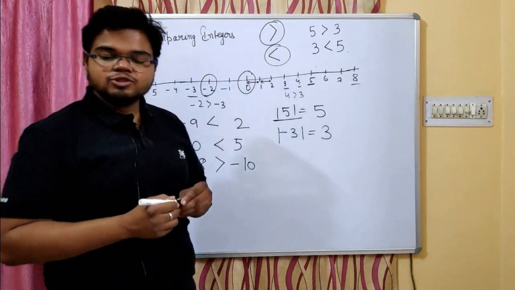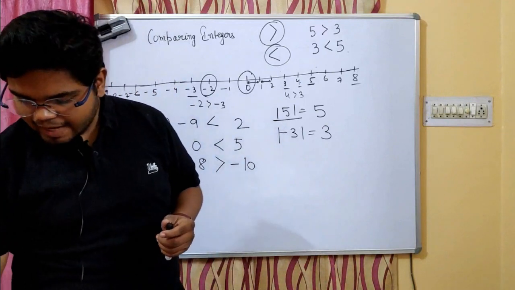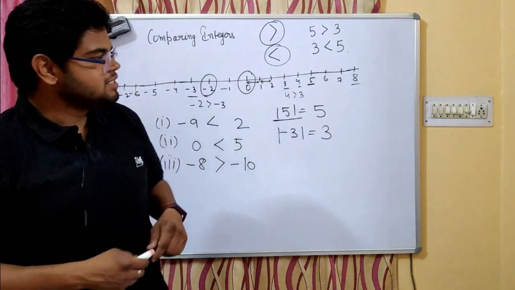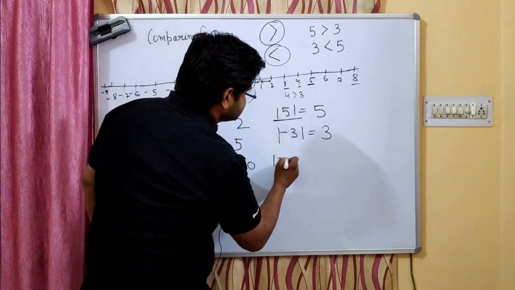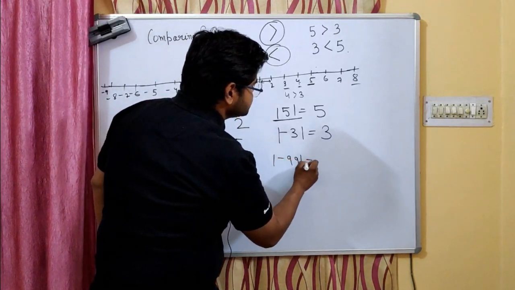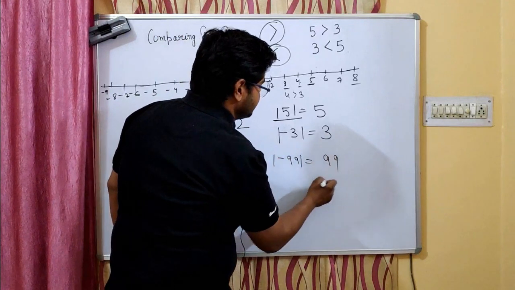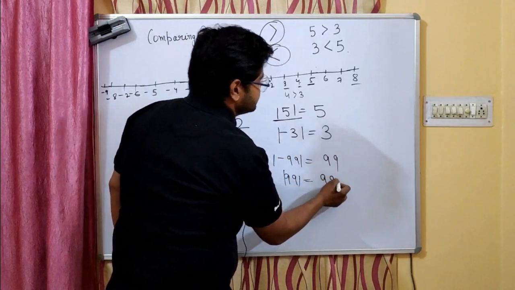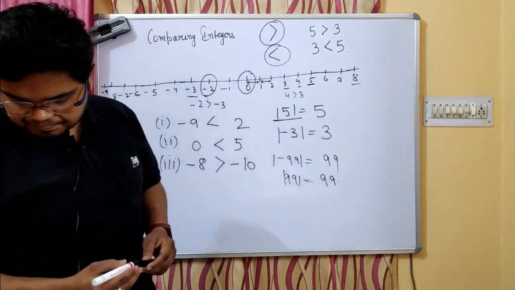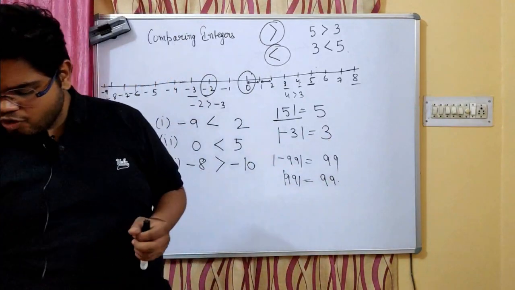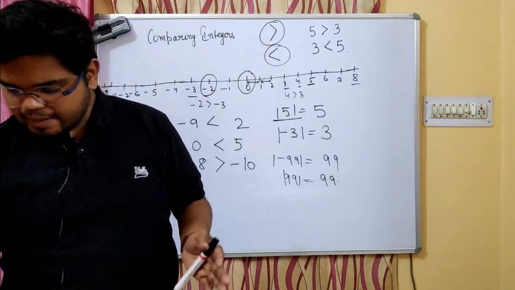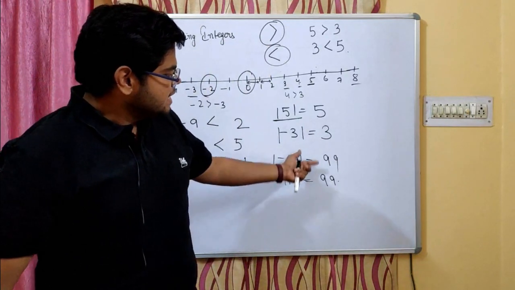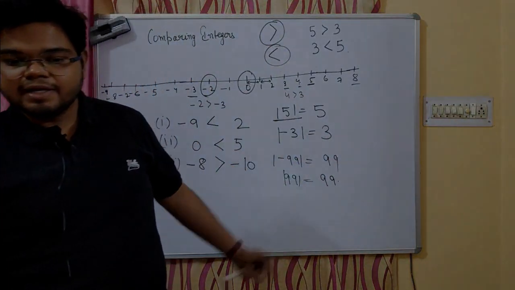So what is absolute value, children? Absolute value is the distance between the number and 0. If I had -99, I will count the distance and the answer will be 99. If I had 99, it would again be 99 only. So the absolute value of both the integers in a pair of opposites, -99 and 99, will be 99.